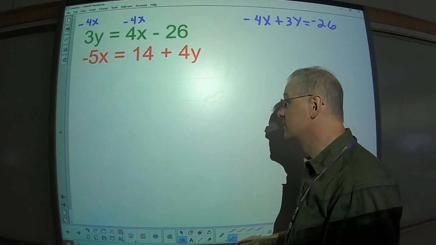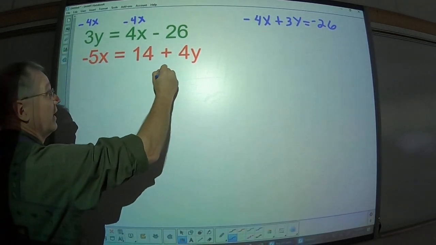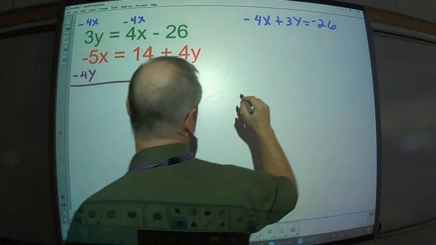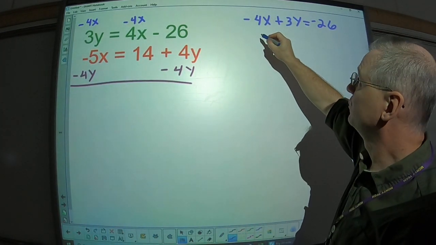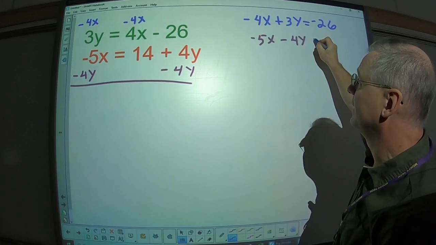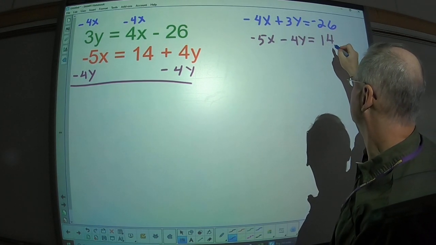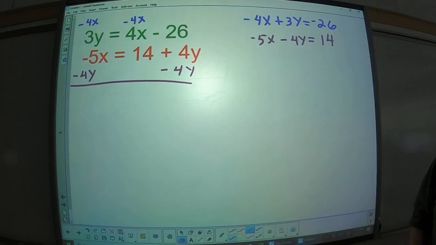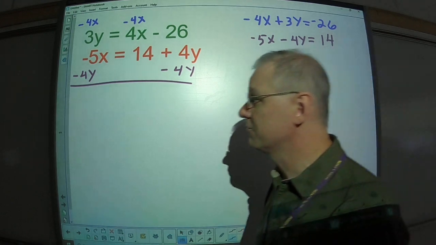And then I'm going to need to move the 4y over. And that gives me, remember you want the x first, so negative 5x, negative 4y, and 14. Now some of these numbers could get rather large, so you have to be prepared for that.